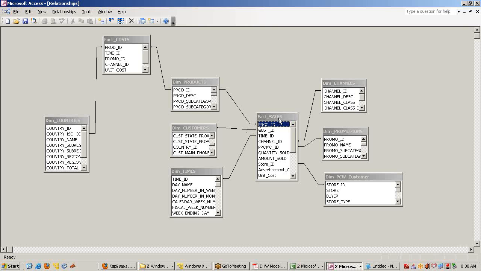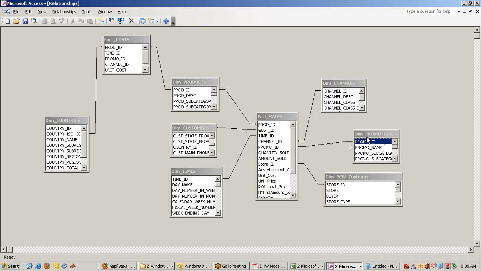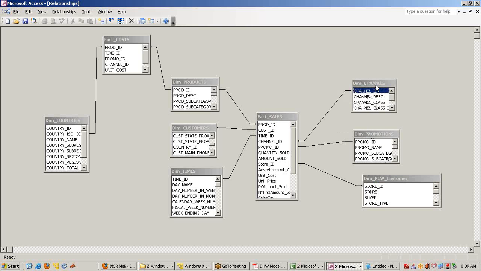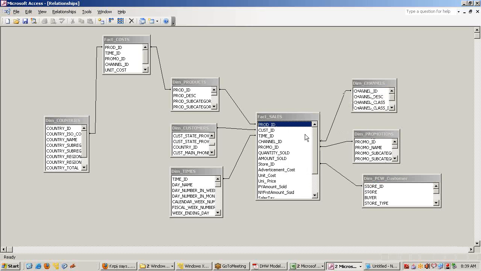So in this example, you can see the tables are organized in terms of facts and dimensions. What does a fact table consist of? My fact table consists of foreign keys. You can see product ID is a foreign key for the product dimension table. Customer ID is a foreign key for the customer table.